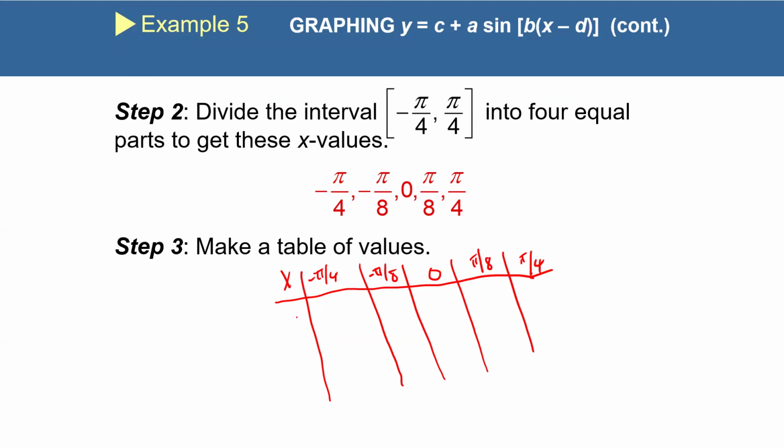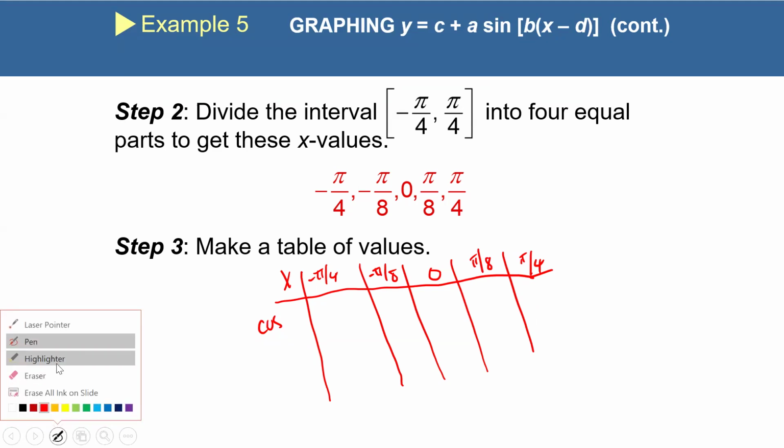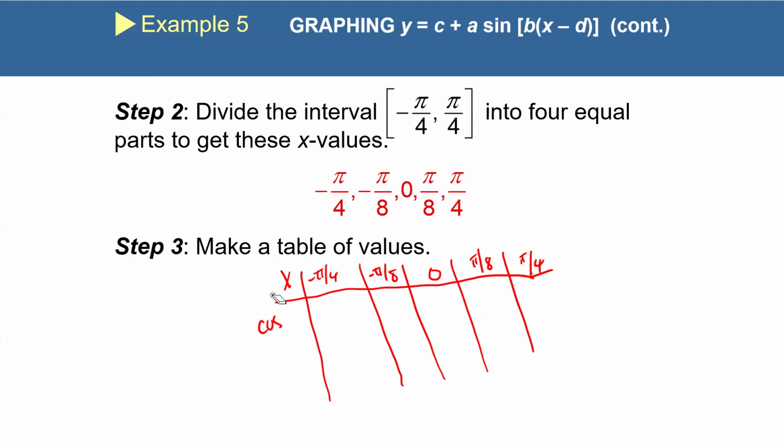Okay, normally our y's before any transformation, so our parent function, the cosine of, it's not cosine, it's sine of x, would normally be 0, then 1, then 0, then -1, and then 0. That's sine x.